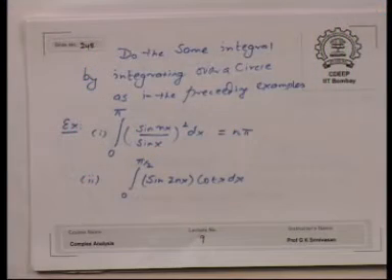So, now let me read the problem: integral 0 to pi of (sin nx upon sin x) the whole square dx, and the next problem is integral 0 to pi by 2 of sin 2nx into cot x dx.